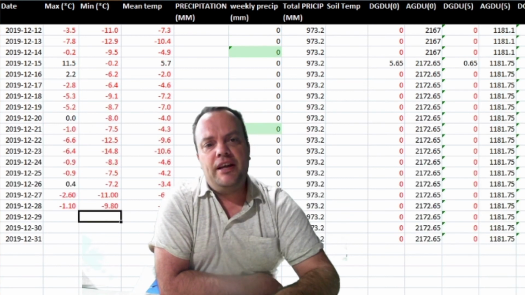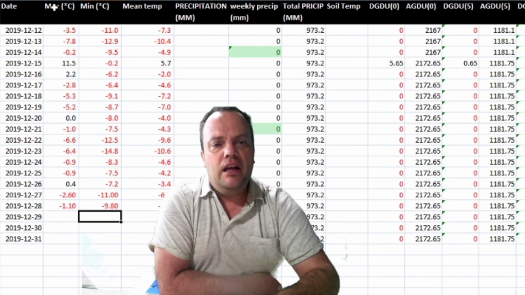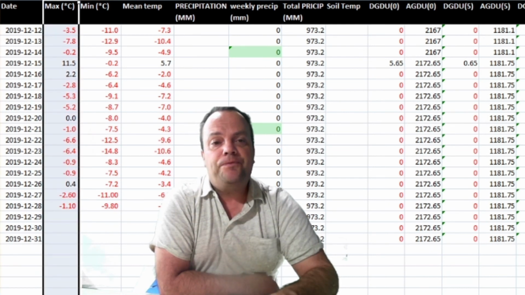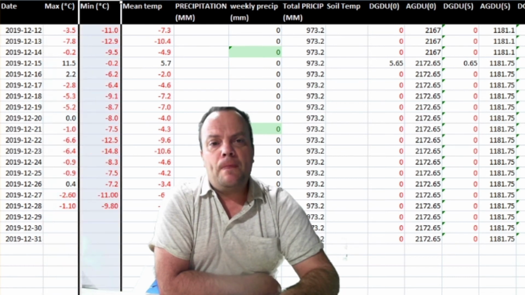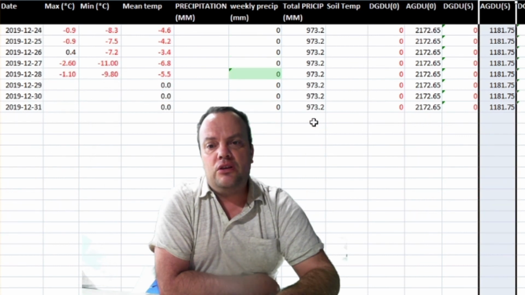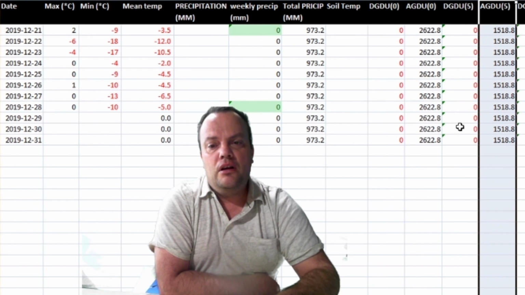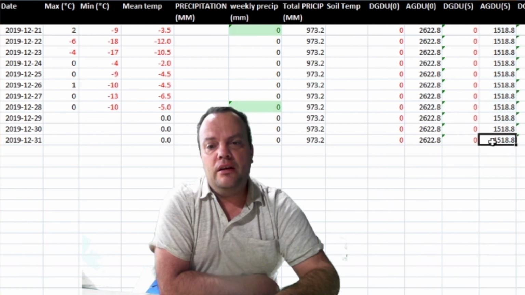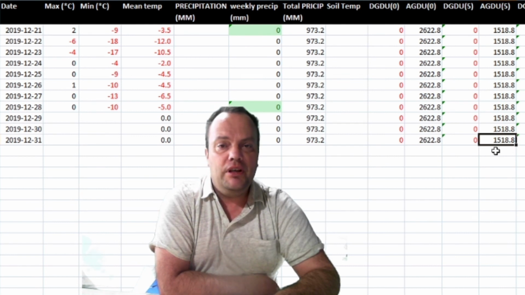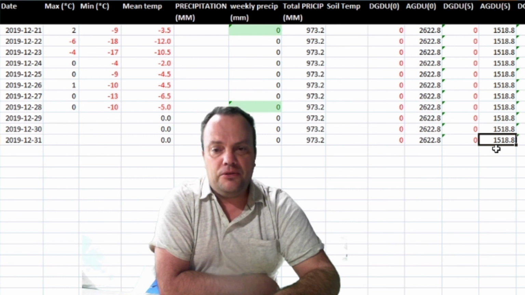I copied that page and put in the data from the nearest government weather station, the max and min, and we go over here to our accumulated GDUs base 5, and we can notice right away that I have recorded 1,518.8 GDUs, growing degree units.